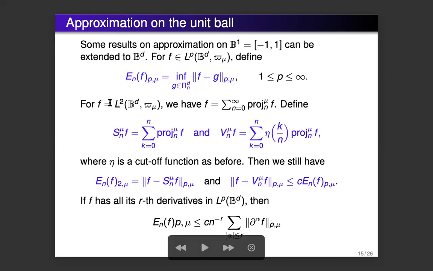For f in L2, we have f equal to the sum. You define the partial sum, define this operator, where this is again a cutoff function as before. Then we still have this thing. The partial sum gives you the least square approximation for the L2 norm, and this is the L^p norm.